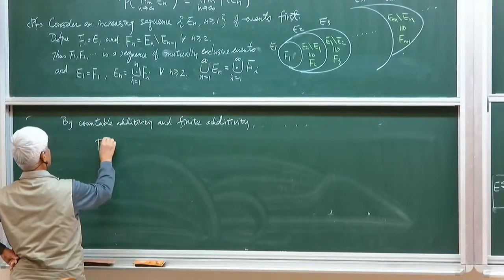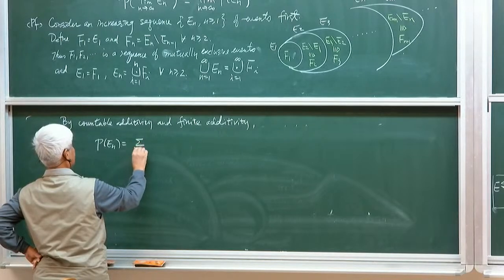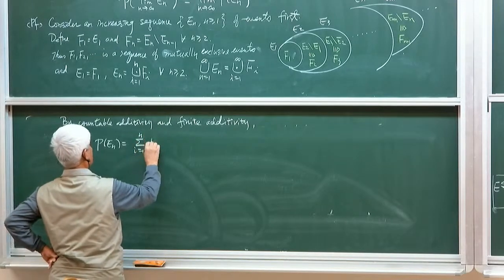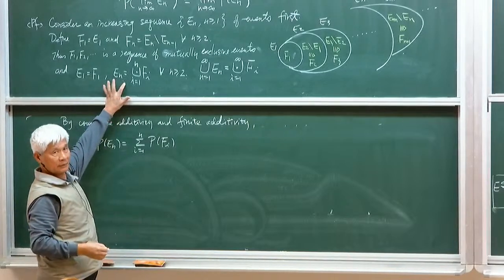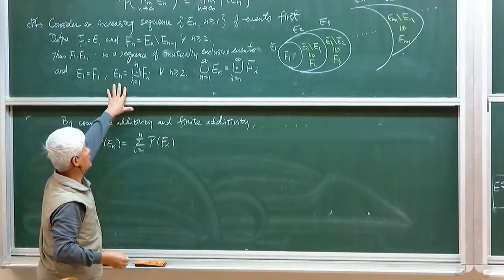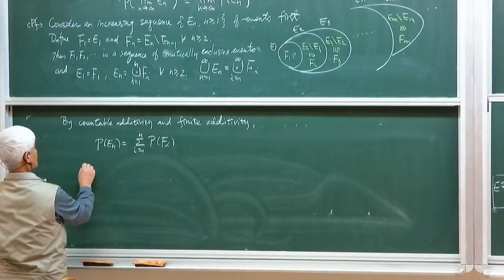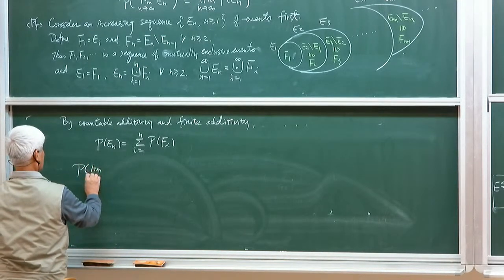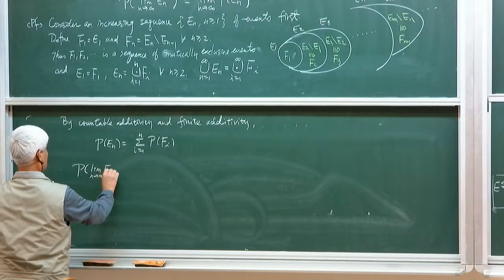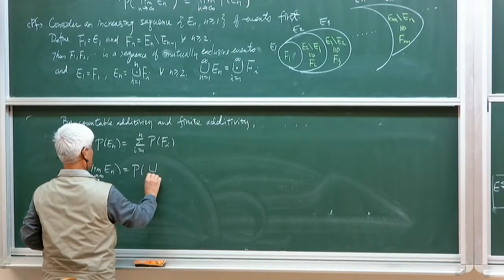So we have P(En) equal to the summation i from 1 to n of the probability of Fi. Okay, this we apply finite activity, and the probability of the limit as n goes to infinity of En, which by our definition is the union.